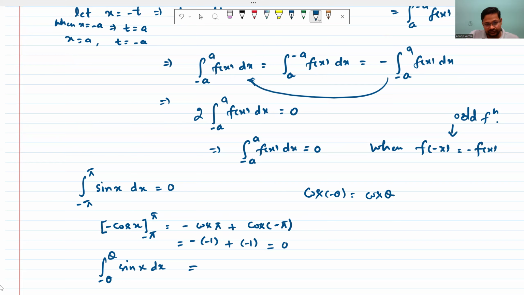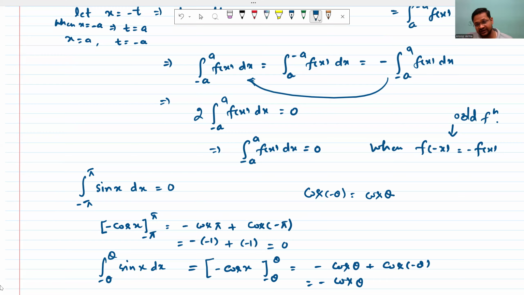But if you want to calculate it this way, the integration of cos x will be sin x, and applying the limits minus theta to theta, you again get 0.